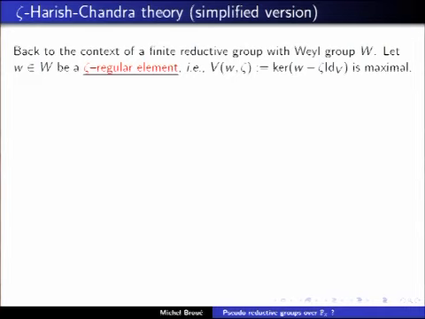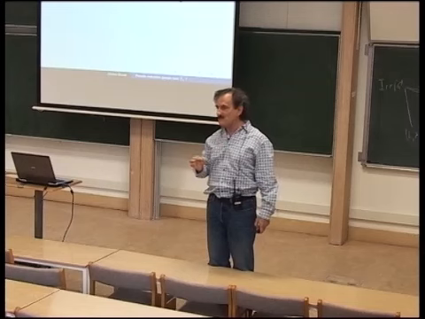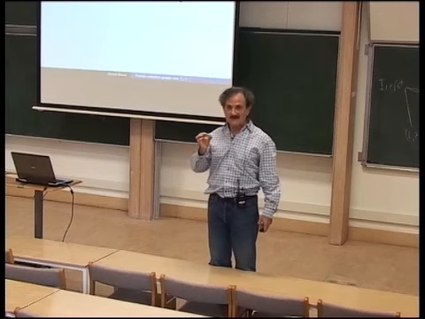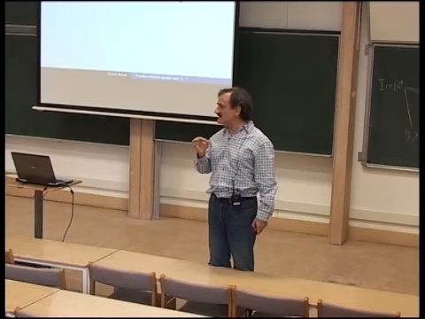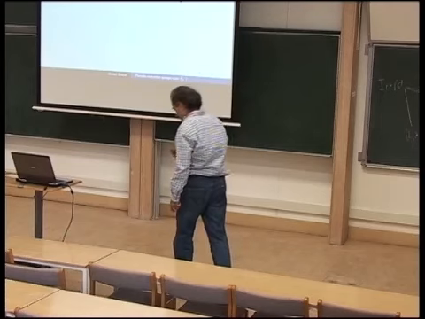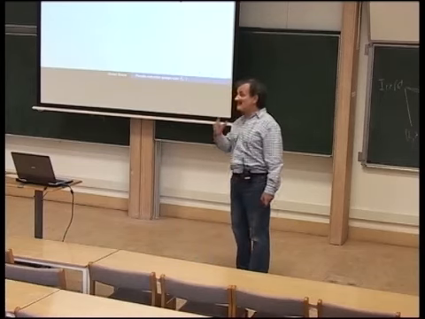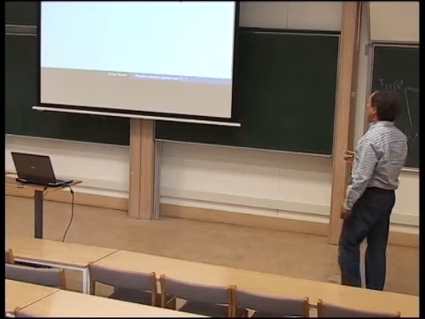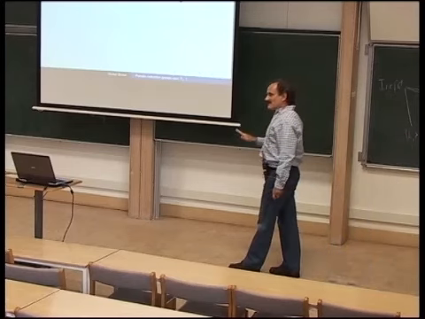So for a given zeta, I choose a zeta regular element, meaning that its zeta eigenspace is maximal among the eigenspaces of the elements of W. Of course, it's not always the case that there exists a zeta regular element. The possible zeta which give rise to a regular element have been classified by several people, mainly by Springer. I don't want to enter into this picture.